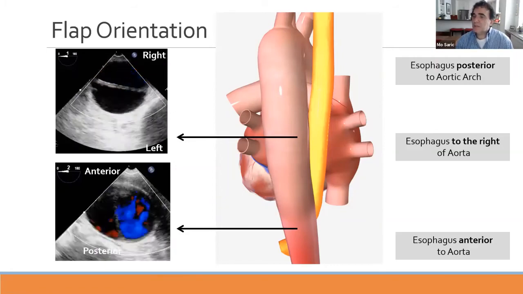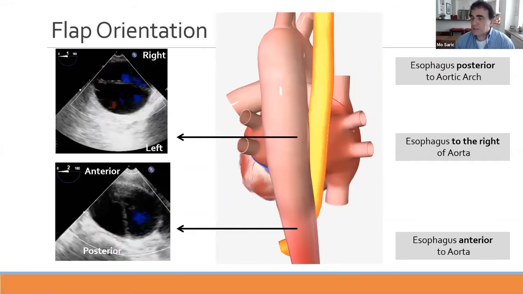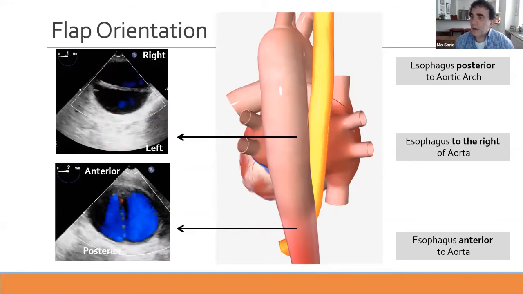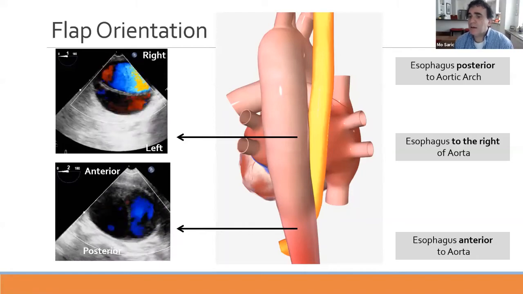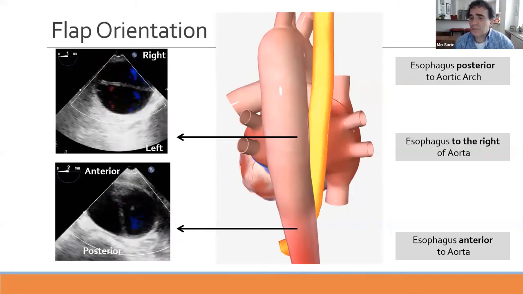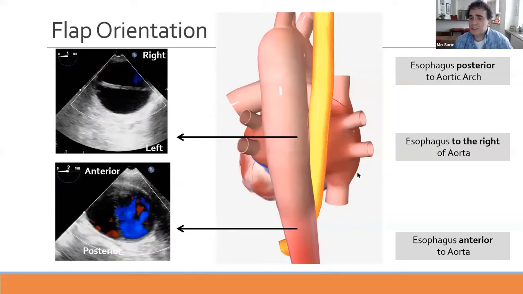So this patient, as you will see in a moment on a CT, has a dissection flap completely vertical and aligned. But if you look at it on a TEE, there is an apparent movement of the dissection flap from the vertical to horizontal position between the two images on the left.